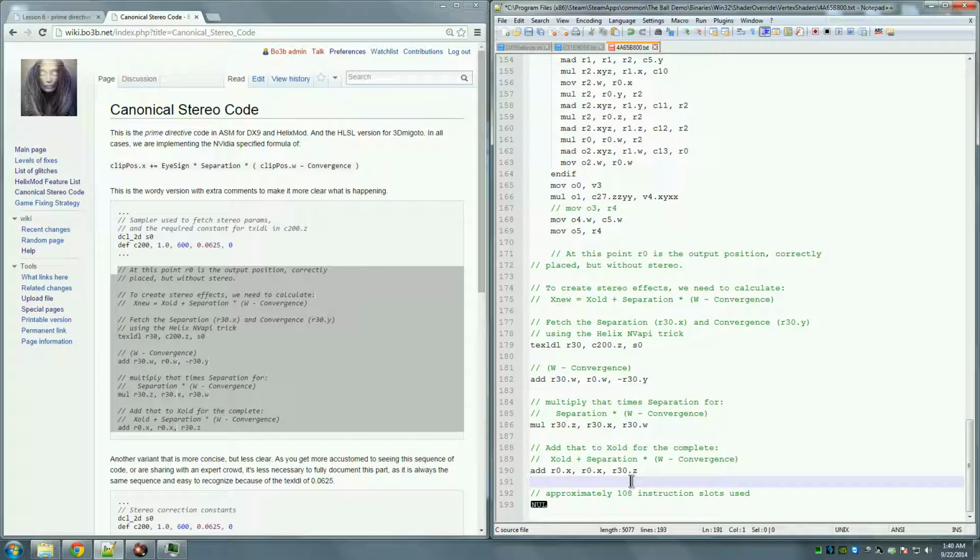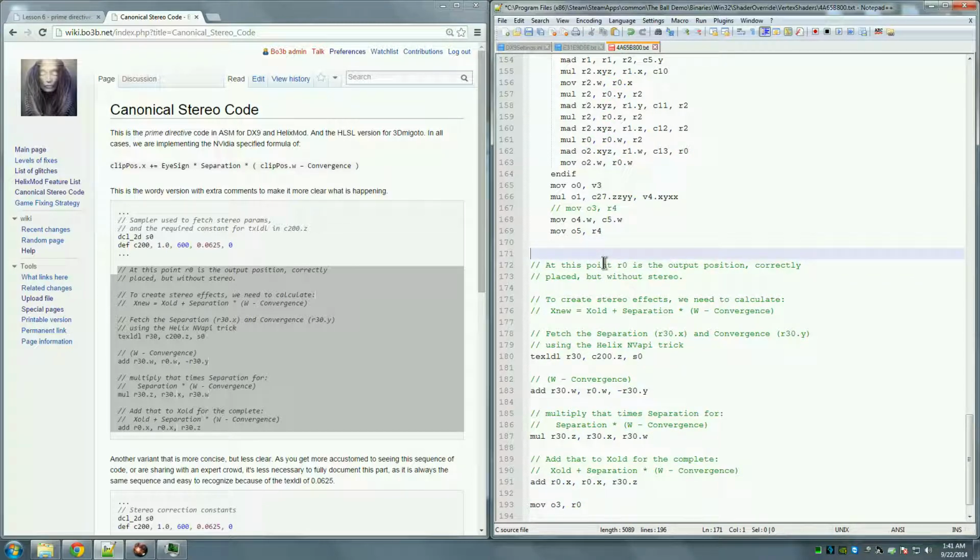So at the bottom, we're going to put in the move statement that would have been there, but we're going to use R0 because R0 is the register that's used here for doing the fixing. And that's why I leave these comments here, like at this point R0 is expected to be the output position, but without stereo. So since R0 is there, we're going to assign it to the output o3.